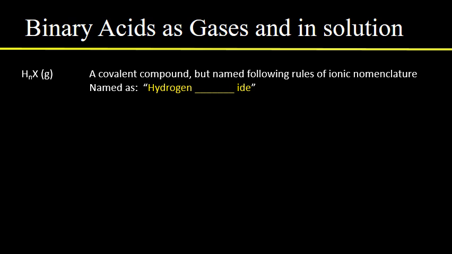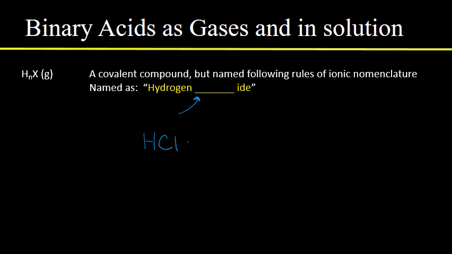So in the gas phase, it's a covalent compound, but it's named as if it were an ionic compound. So the binary acid between hydrogen and chlorine, we would follow this pattern here. The name is hydrogen blank ide, and then you just put in the root for the acid in there.